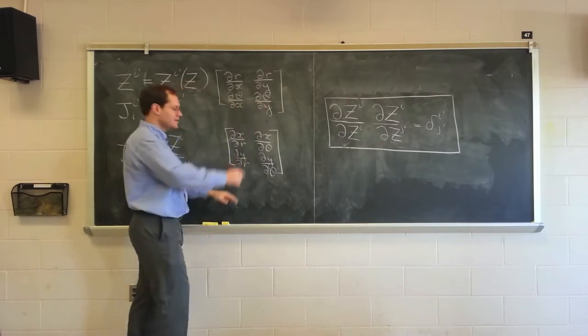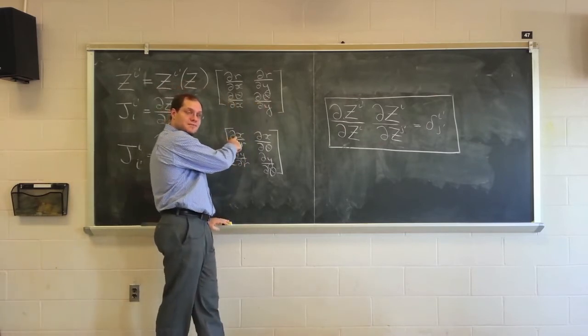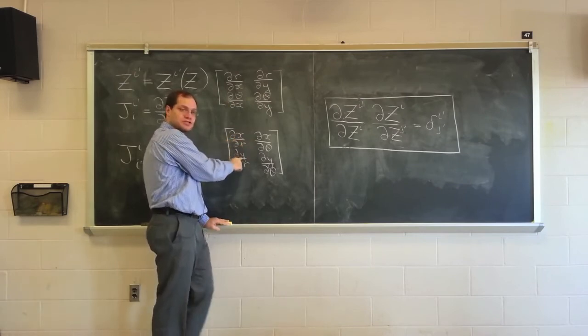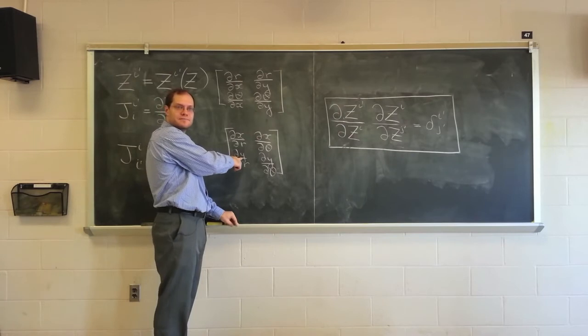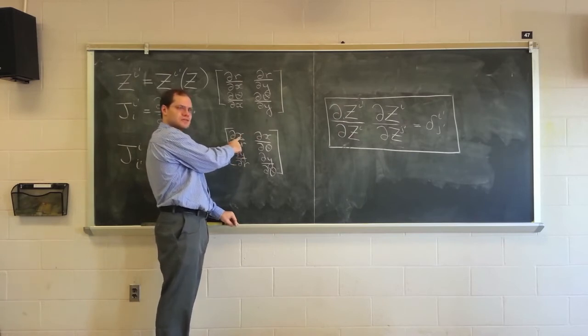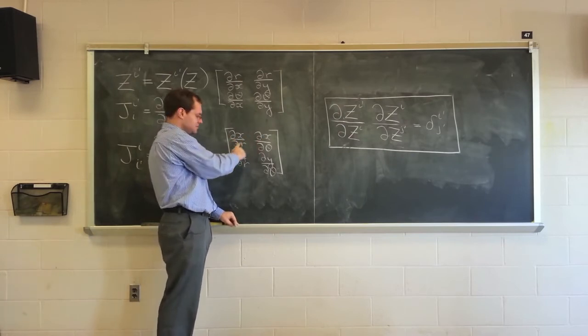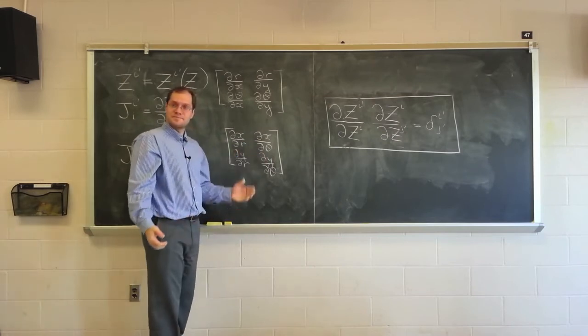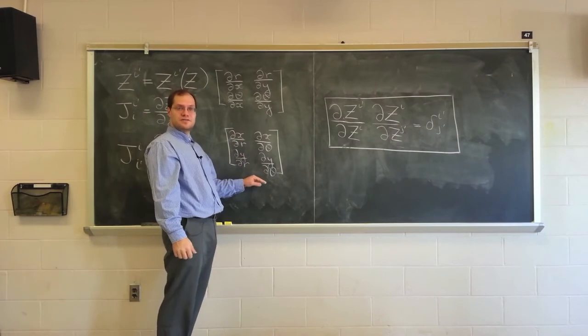These guys are opposite. x was a function of r and theta, y was a function of r and theta, so these partials are functions of r and theta. This was r cosine theta, this was sine theta, this was minus r sine theta, and this was r cosine theta. So these are naturally functions of r and theta.